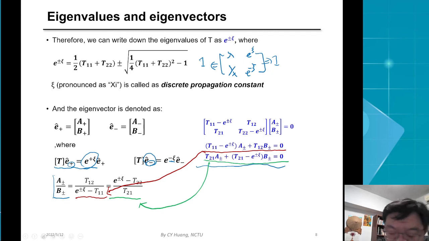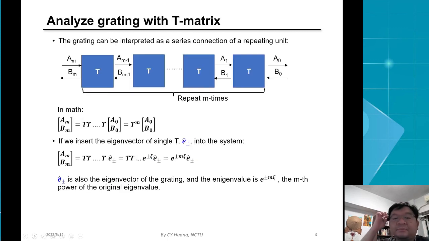Okay, then we can further see the reason why we write it in exponential form. If we express the eigenvalue in such a formalism, then finding the eigenvalue of a repeating transmission matrix will be pretty simple. If the eigenvector has an eigenvalue of exponential c, then we multiply by T m times. If A0, B0 is already an eigenvector, after multiplying it again, you will drop one exponential c out.